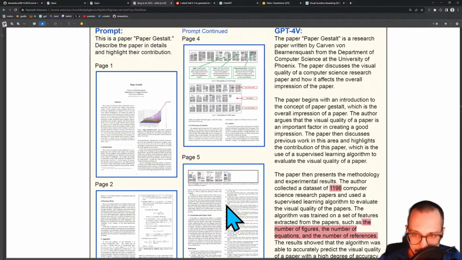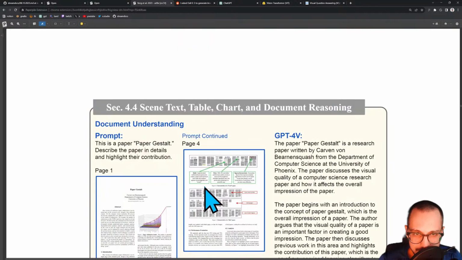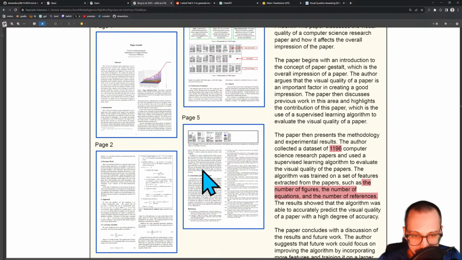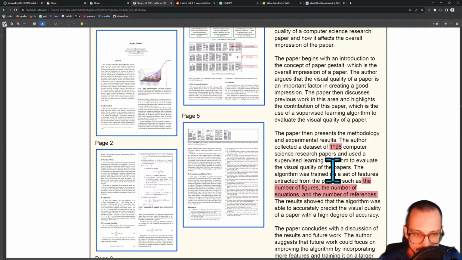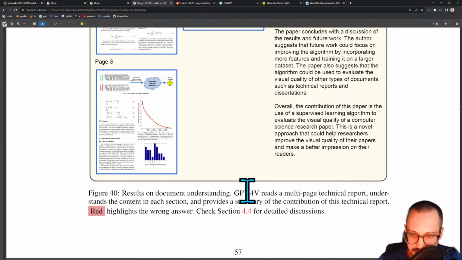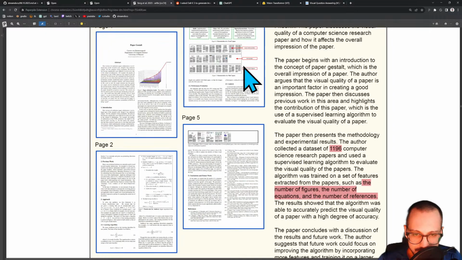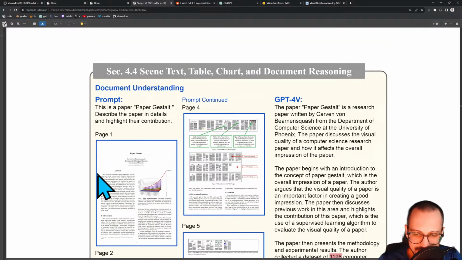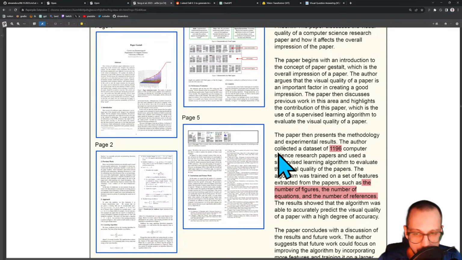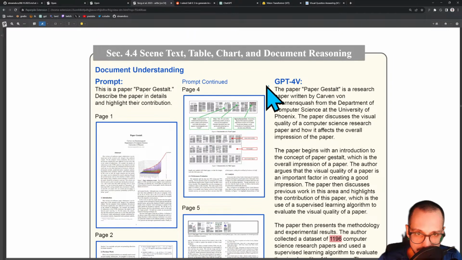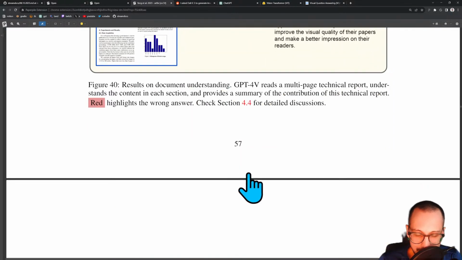You just literally copy paste the paper as a bunch of PNG images and it'll just tell you. It's got a little bit of things wrong right here. Gets random things wrong, but this is probably better. What's the point of watching some random guy on YouTube review papers when you can just get GPT-4 to review the papers for you? My job is done.